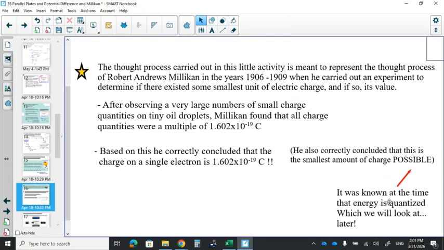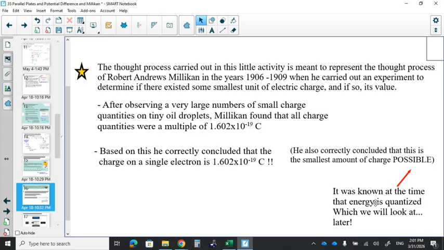At the time, later in this course, we're going to talk about quantum theory. But at the time, 13 years or so before he had done his work here, a German physicist, Planck, had discovered that energy is quantized. So energy can only be in certain bite-sized pieces.